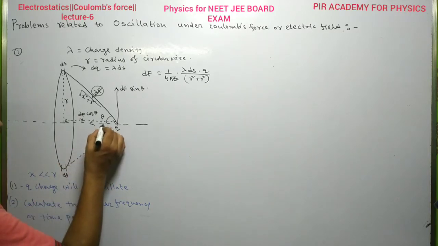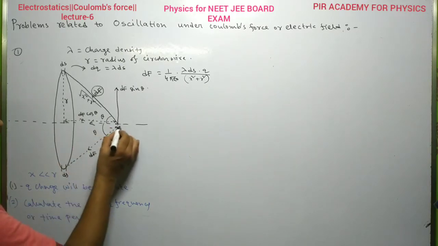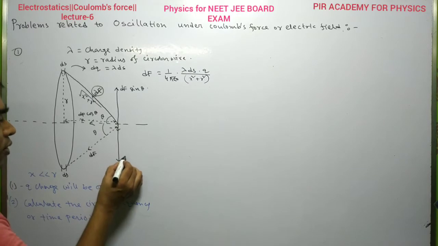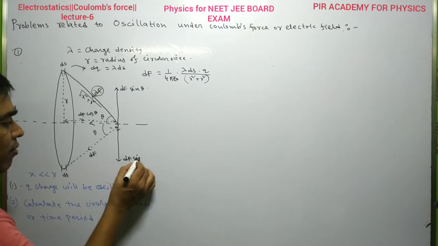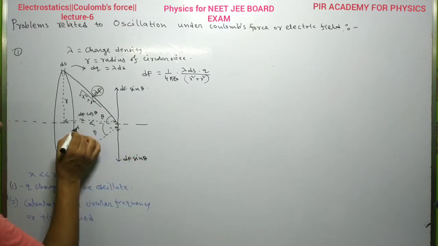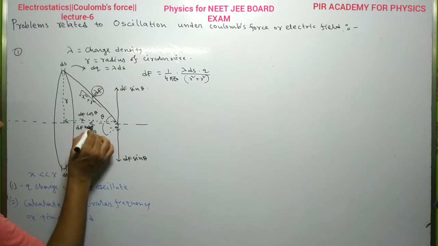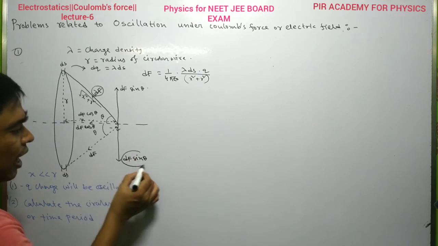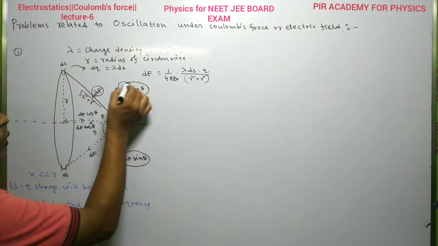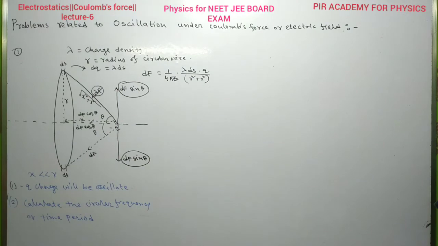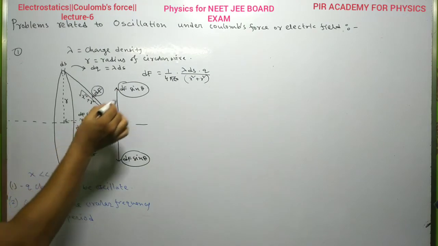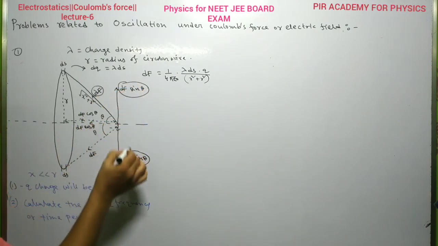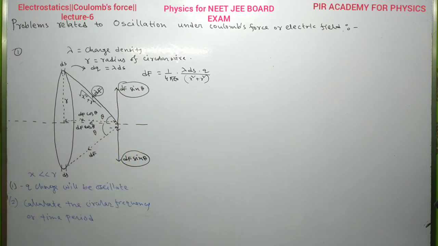Resolving this force, along this direction will be dF sin theta and along this direction dF cos theta. Here you see that these two components are equal in magnitude and opposite in direction, so the net force due to this component will be 0.